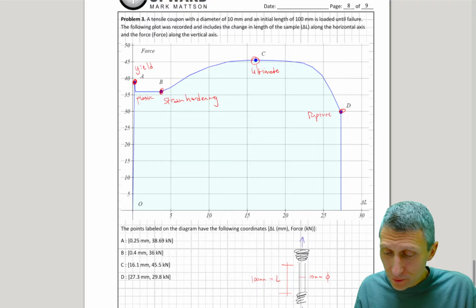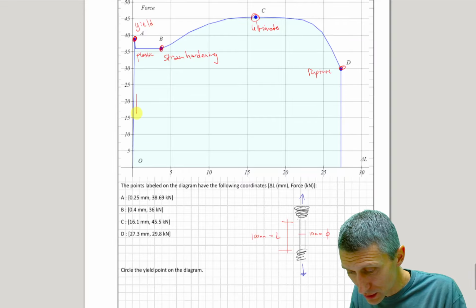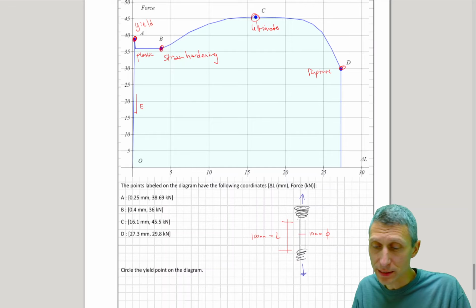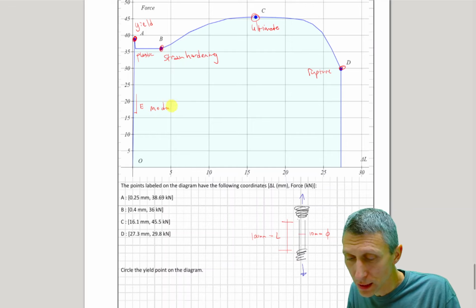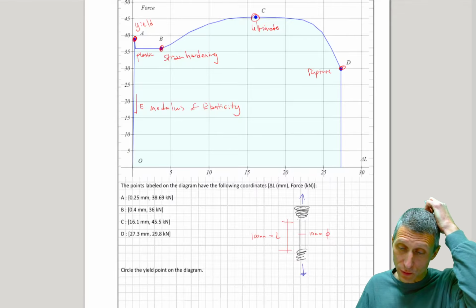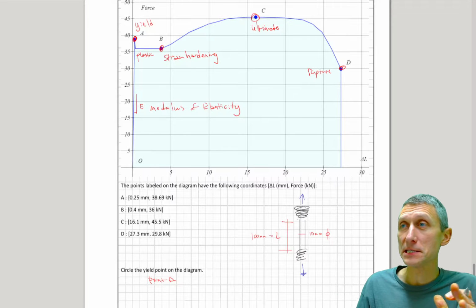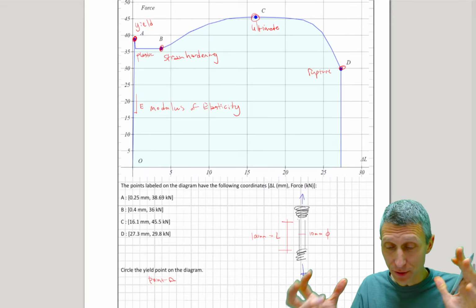And if we can figure out this slope here, that slope is going to be our modulus of elasticity, E. These types of things are super important, and hopefully as you come out of a strength of materials course, you have some understanding of these. So did we circle the yield point? Yes, we did. That's point A.